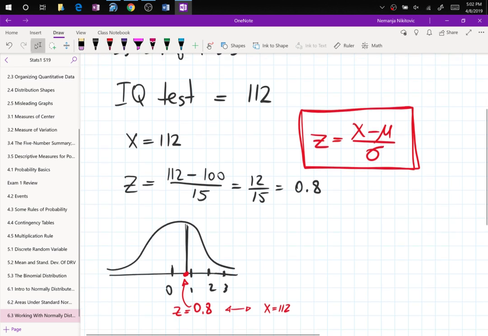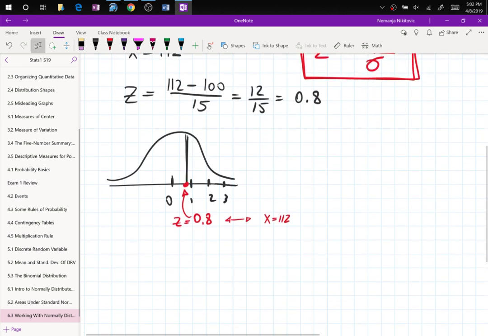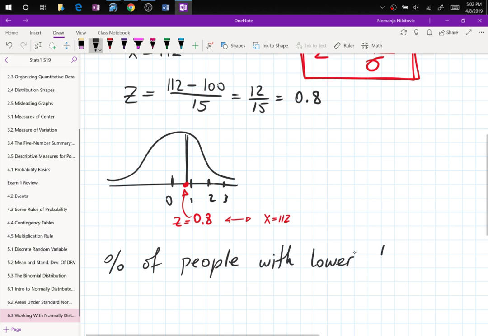Now, question: percent of people with lower IQ. Well, lower is to the left, right? Wouldn't you agree?